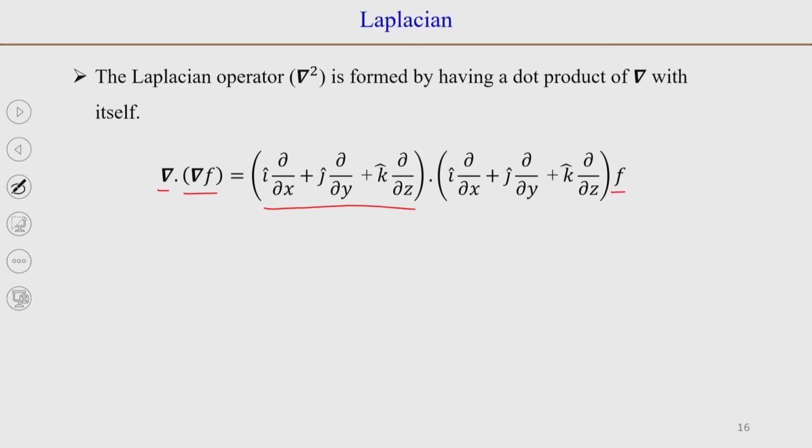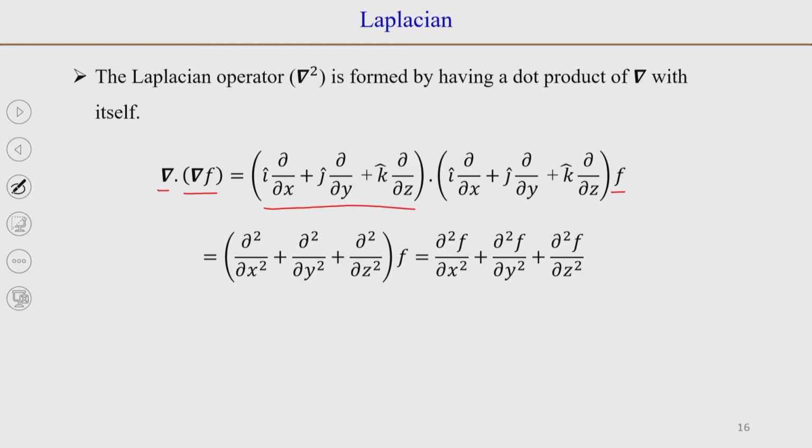So, when you take this dot product, you will get the non-zero terms where i dot i: del 2 by del x 2, del 2 by del y 2 plus del 2 by del z 2 operated on f. When you substitute, what you will get is del 2 f over del x 2, del 2 f over del y 2 plus del 2 f over del z 2.